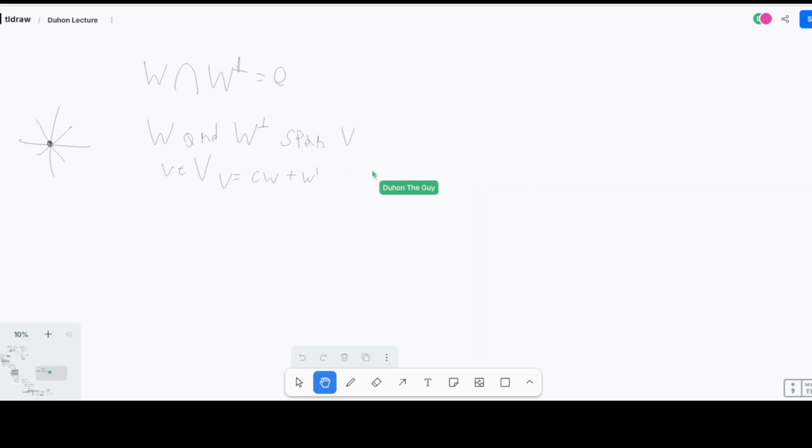I hate the limitations of my drawing tablet, but W line is in here. So we have to show this thing right here, and we'll basically be golden. That's all we really need to do. Okay, so to show this, we solve the equation.